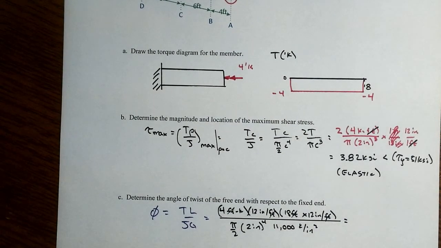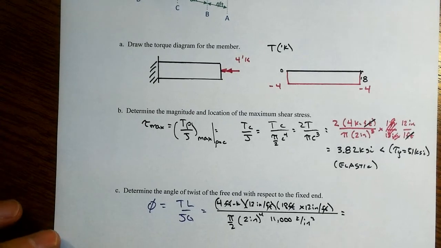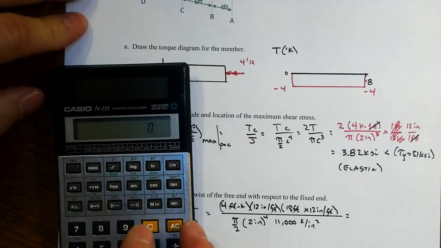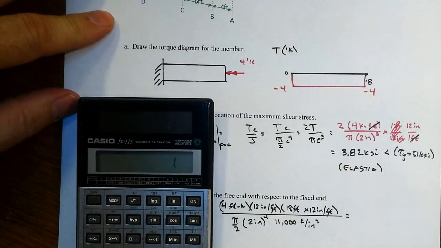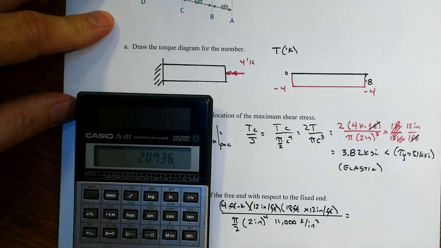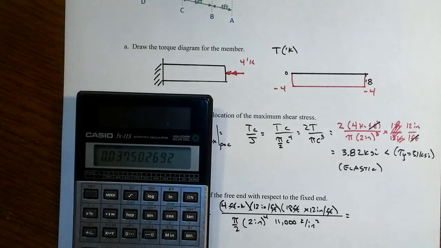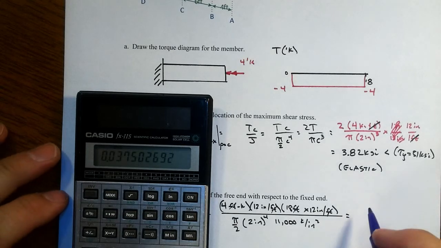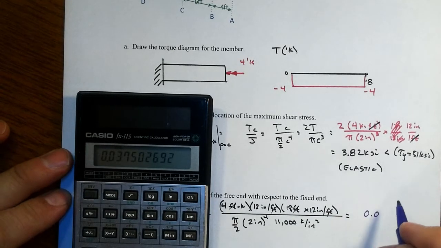So we're going to get an answer in radians. So let's see, 4 times 12 times 18 times 12 times this 1/2 that goes to the top, then divided by pi, divided by 2 to the 4th, which is 16, and divided by 11,000, and we have our answer here of 0.0375 radians.